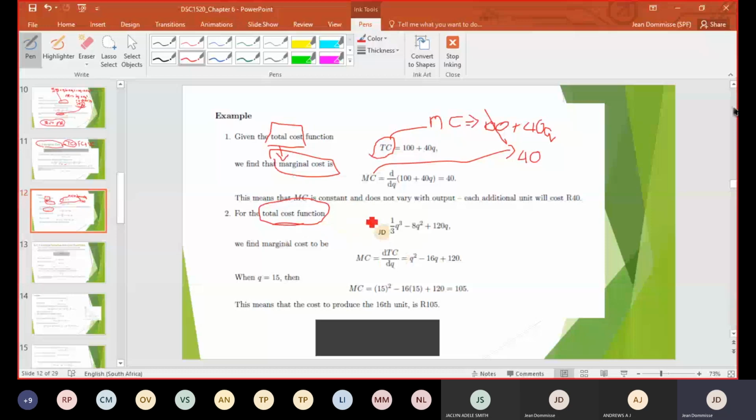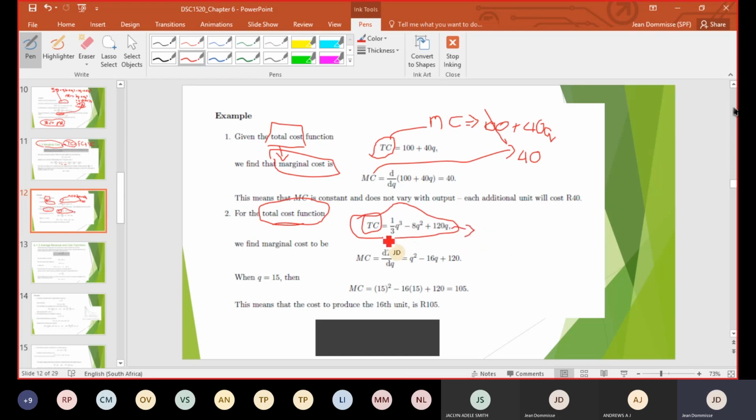So here in the total cost, as you can see, there's a Q³, Q². So here they already did the calculation of the fixed cost and the variable cost together. That is why it looks like a very difficult one. But to get to marginal cost, simple, we differentiate again.